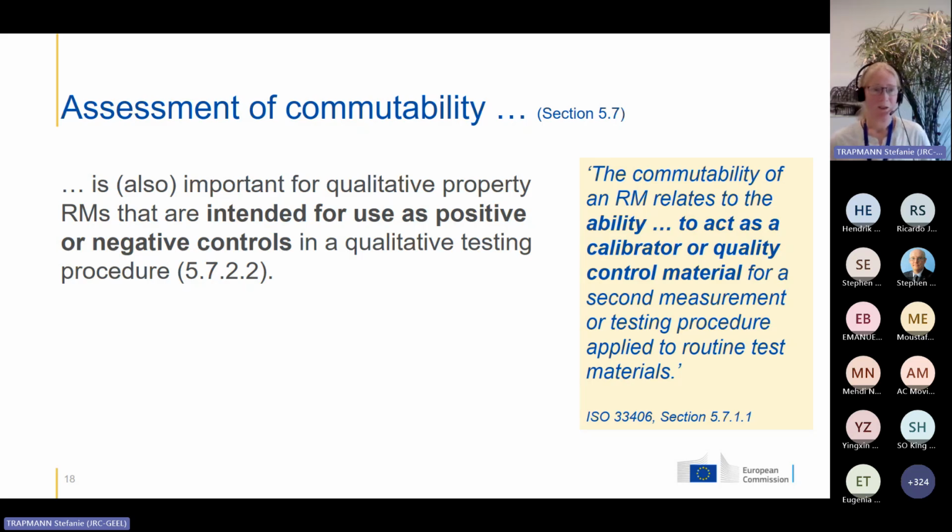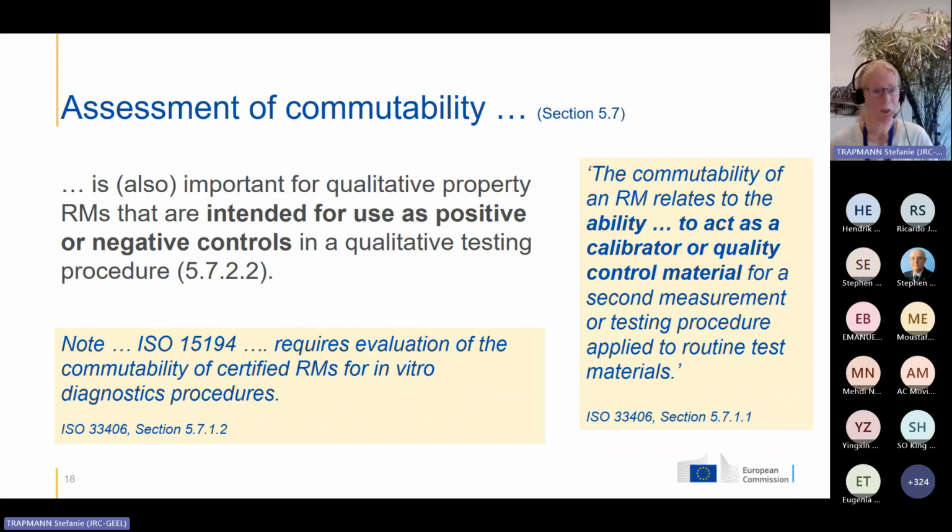It is not that for a qualitative property reference material that you may only use as a positive or negative control, you would not need to test commutability or not to know about it. It is mandatory, and even more, it is mandatory for reference materials used in vitro diagnostics.